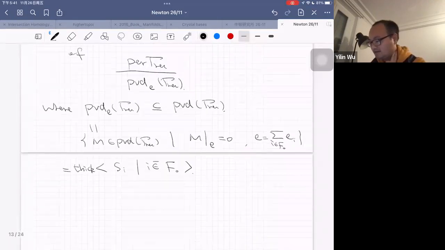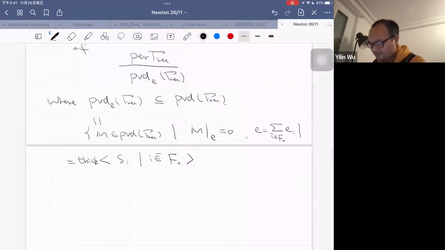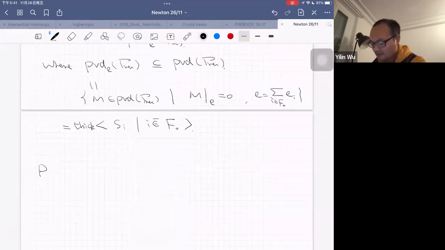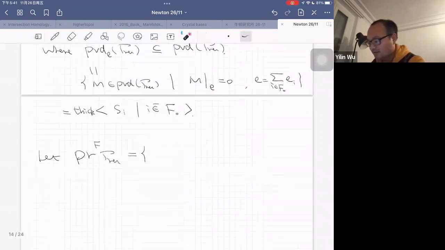We have this kind of category, then we define two subcategories in the perfect derived category. The first is the presentation category, named for presentations by Gamma relative, but with some condition on the frozen part.